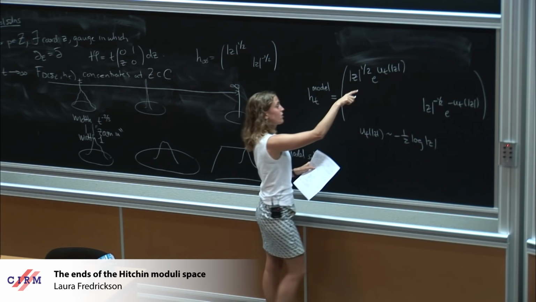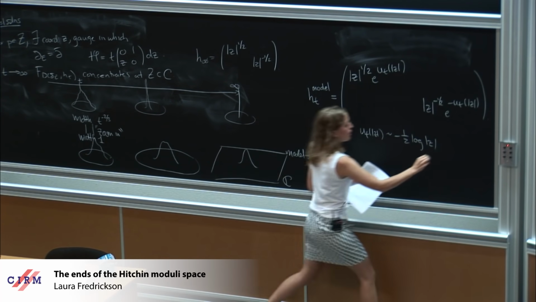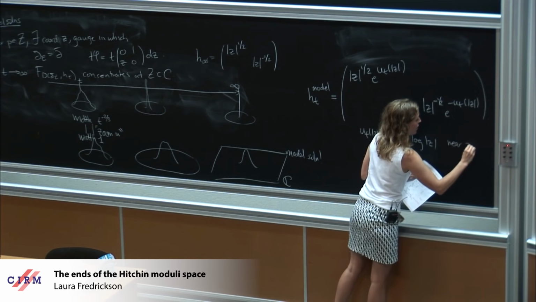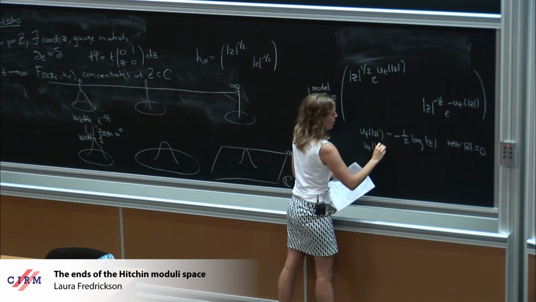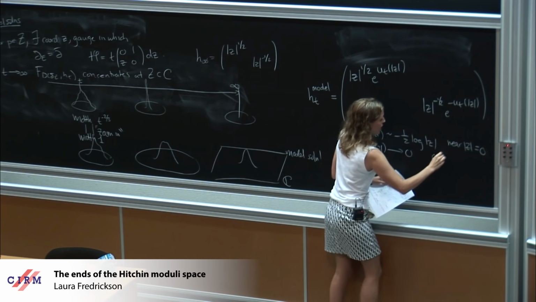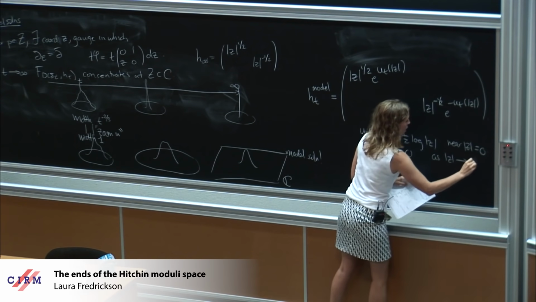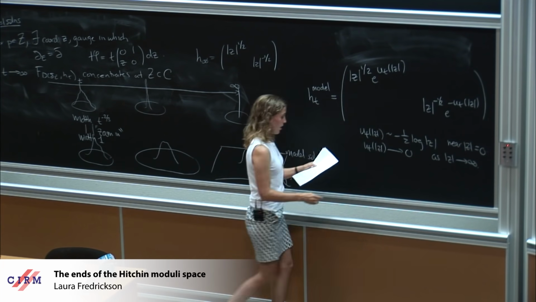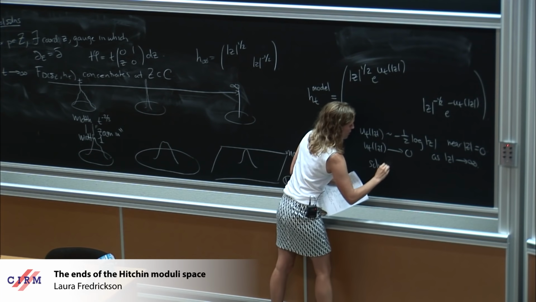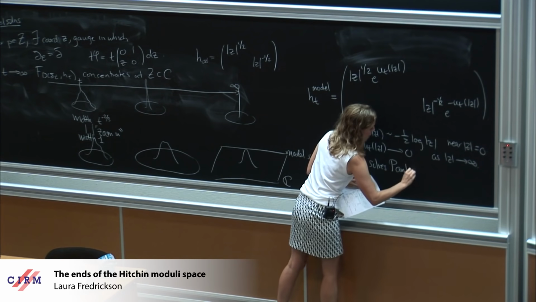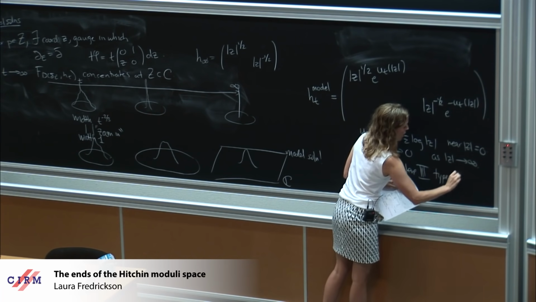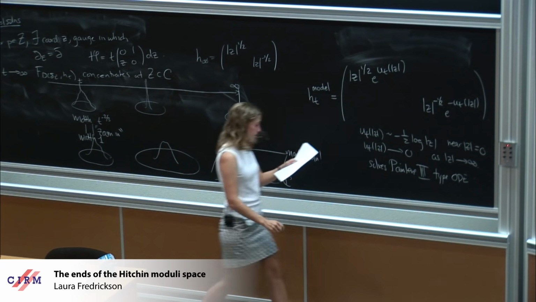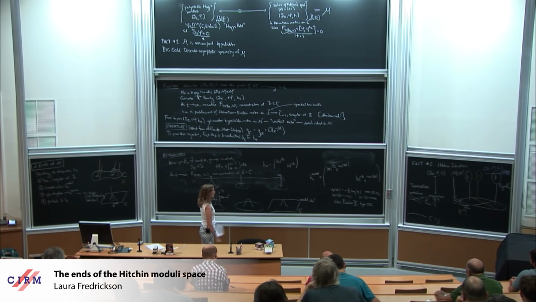So it fully cancels this singularity at z equals 0, and it decays as z goes to infinity. And it solves just an ODE. This solves a Painlevé 3 type ODE. So this is the model solution.